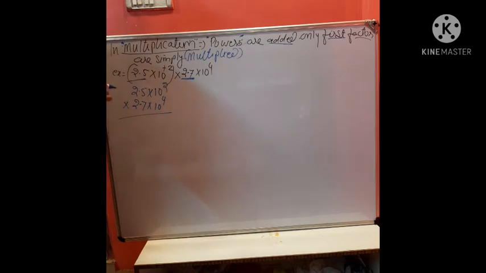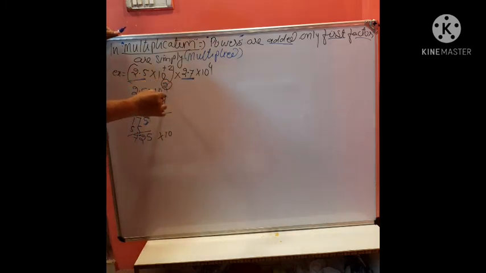Multiply these numbers simply: 7 fives are 35, 7 twos are 14 and 3 is 17, 2 fives are 10, and 2 twos are 4 and 1 is 5. So this becomes 6.75, with 2 decimal places. So 6.75 into 10 to power, what I told you?